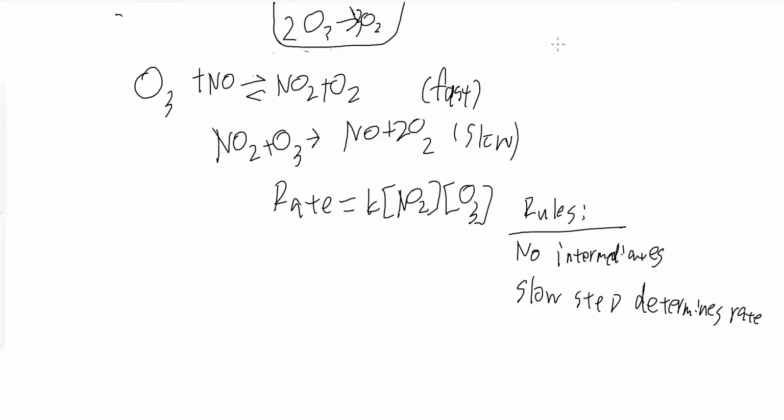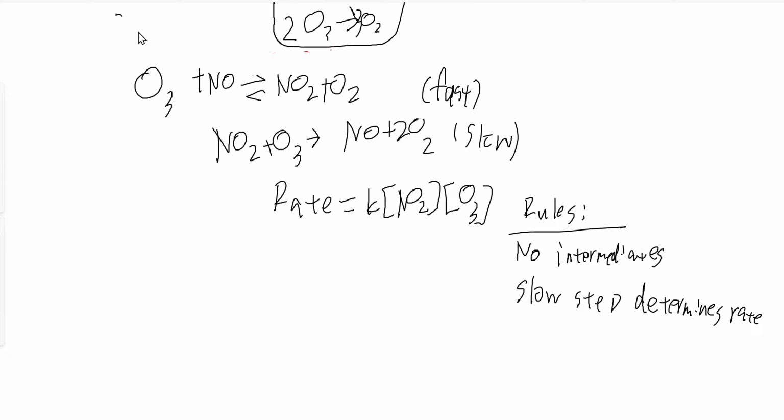Intermediates are very bad to have in a rate law. They will mess you up, and you will lose points. So to counteract this, let's look at our first reaction. We're going to use a method called the pre-equilibrium approximation.